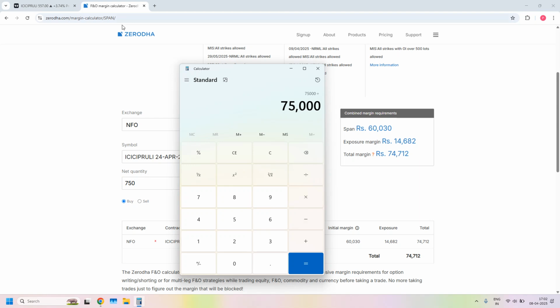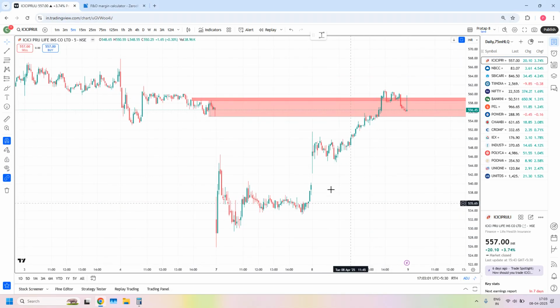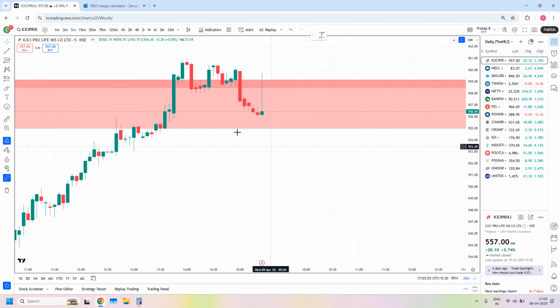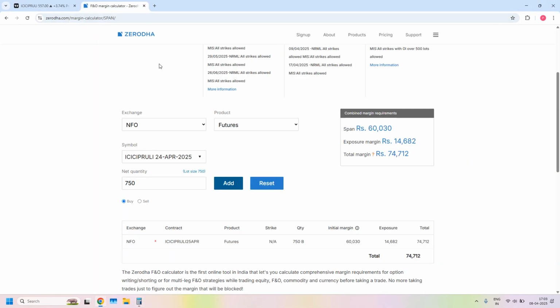But this is the market closing time margin. Before that, where we would have taken our entry, what is the value that we have to see? Here you would have taken a trade. Where is the current closing price? Here. So when prices are moving up from the current margin, the value could be a little higher. Of course, it is very close, but even then the margin cost could be maybe 74,750 rupees.